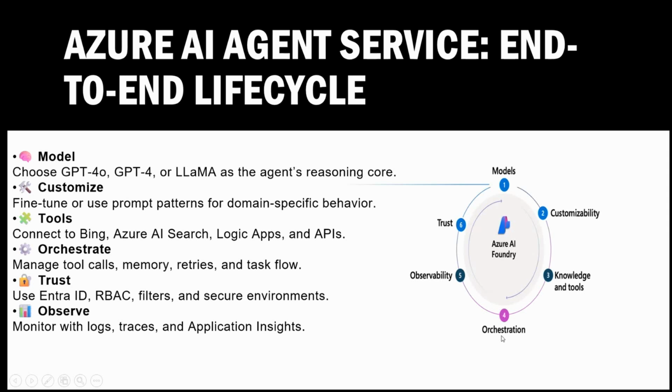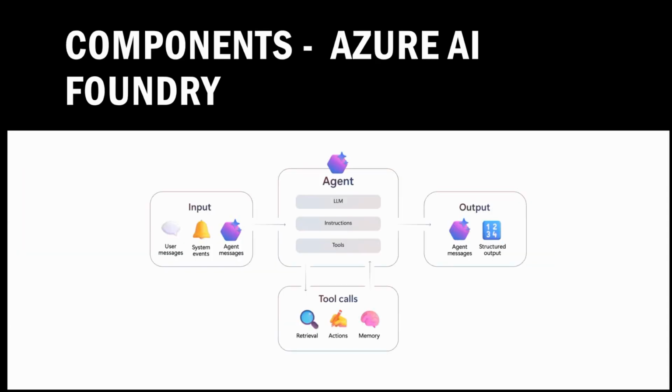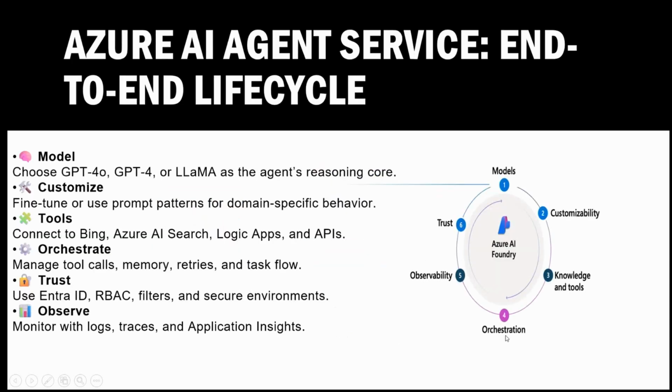What you can do here is have the tool calls added. Can you relate it to the previous slide that we saw there? We can have the various retrieval, action, memory and other things added, and that is the same thing you can also have inside the orchestration.